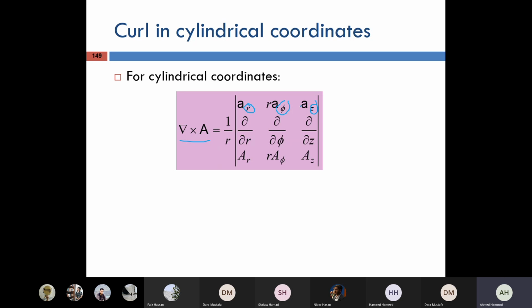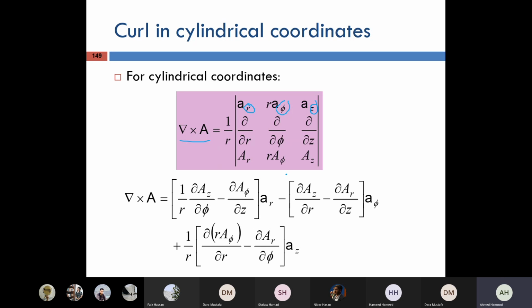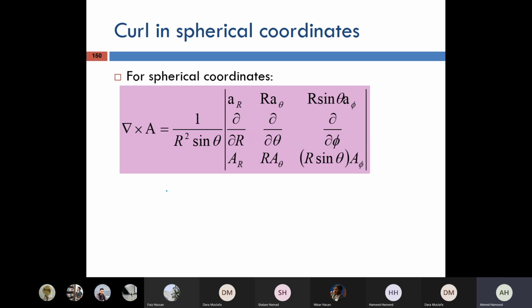Is it Cartesian, cylindrical, or spherical? We have only three types, not more than three. Then you will get this one. If you want to use the matrix formula to find this part, you can. If you go through this formula directly, it is also correct.